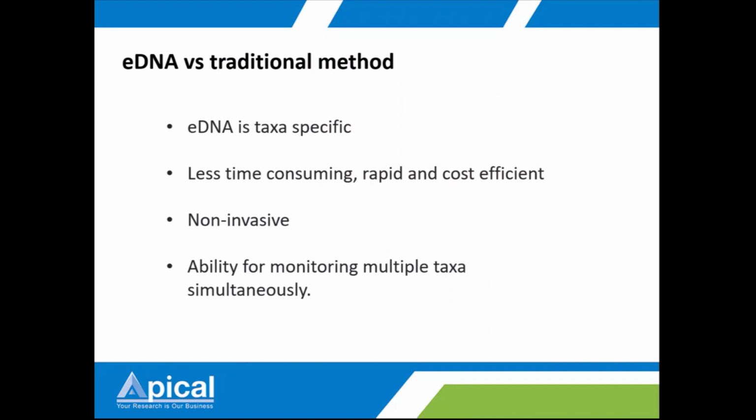You can use it to monitor the abundance of fish, and also to identify fish in that surrounding area. So it's easy and cheap. Compared to the traditional method, it's fast, less time consuming, and very efficient. That is why in publications more and more studies have switched from the traditional method to the eDNA method.